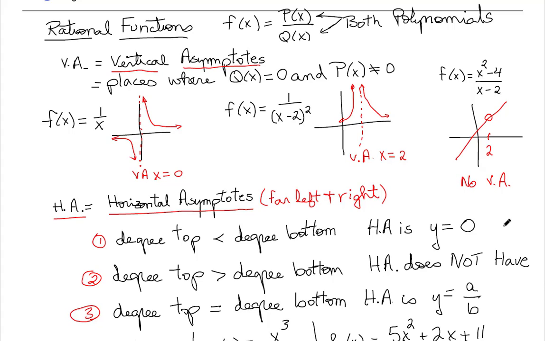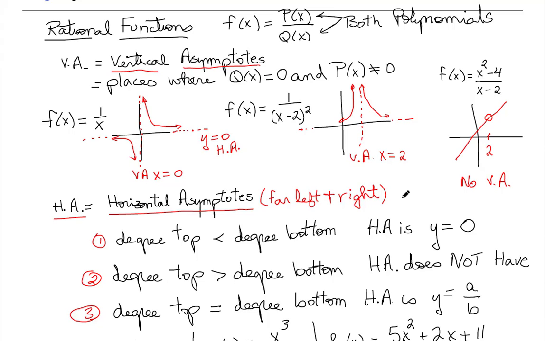All right, what about horizontal asymptotes? If you notice on these two graphs, they seem to be leveling off somewhere on the two sides. And this one is leveling off at y equals 0, which is the horizontal asymptote.